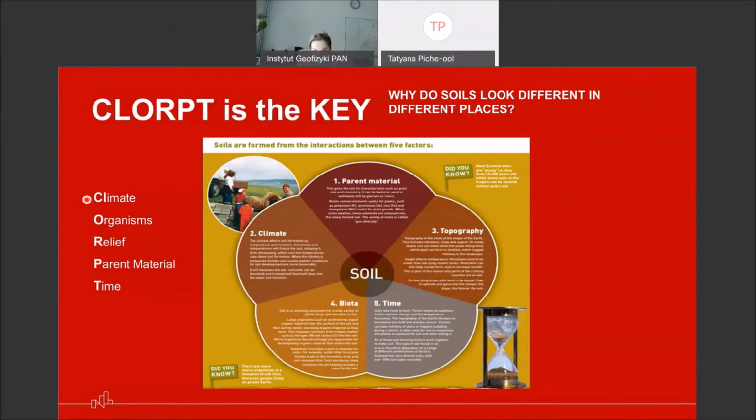So you have climate, C, organisms, O, relief, that is more or less topography, R, parent material, and time. The abbreviation of these five factors is CLORPT. CLORPT means the key to what the soil looks like. Without these factors, without CLORPT, there would be absolutely no soil.